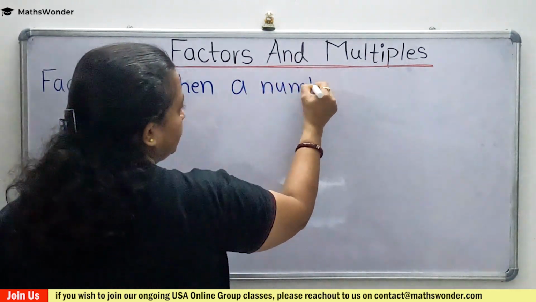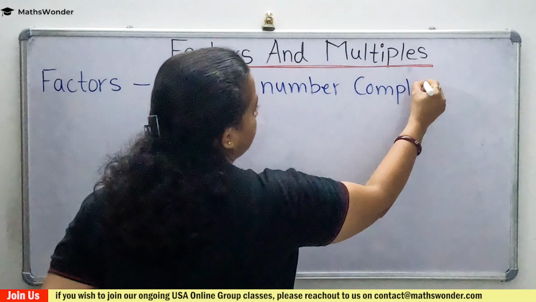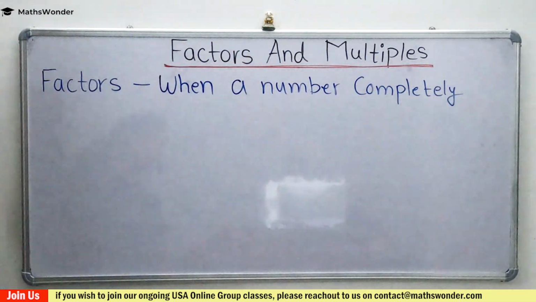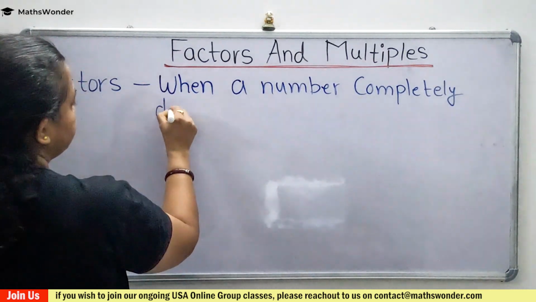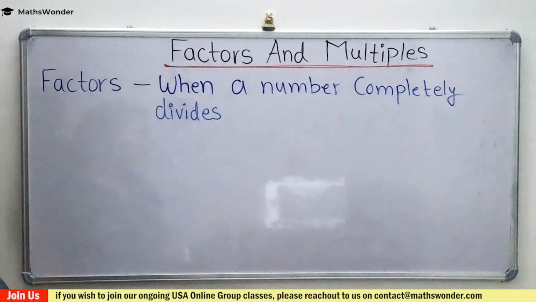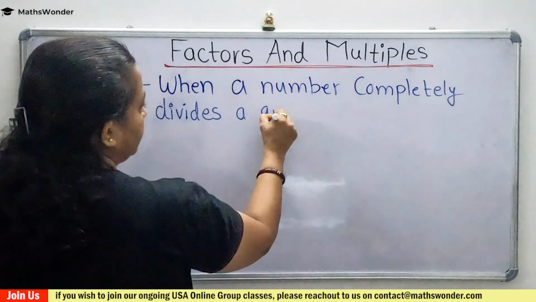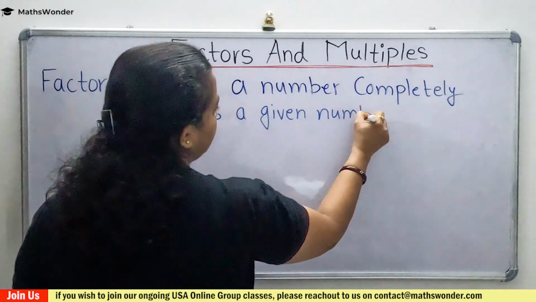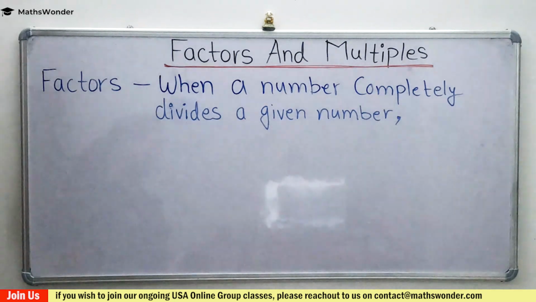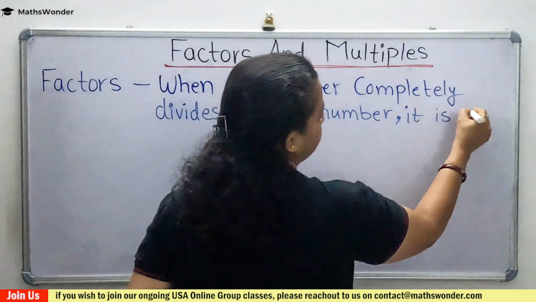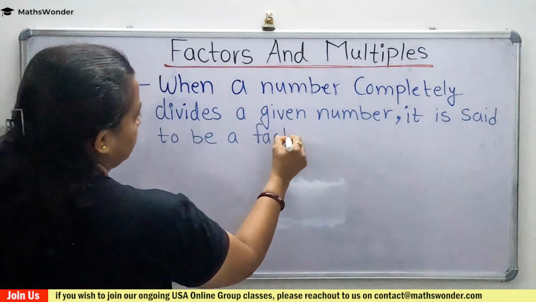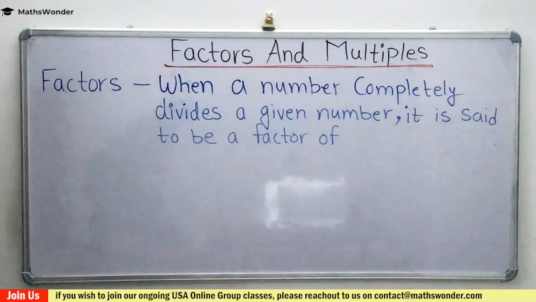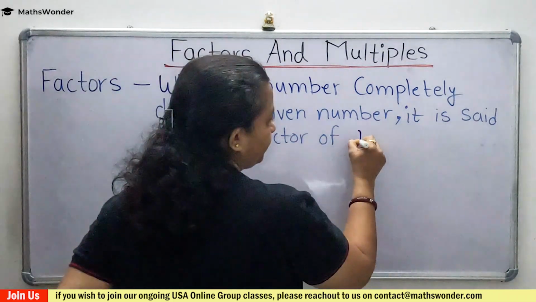When a number completely divides a given number, it is said to be a factor of the given number.